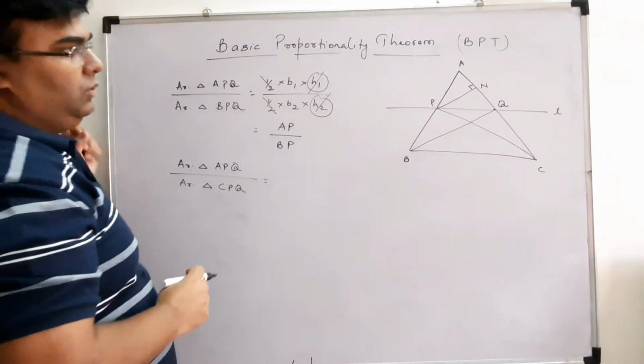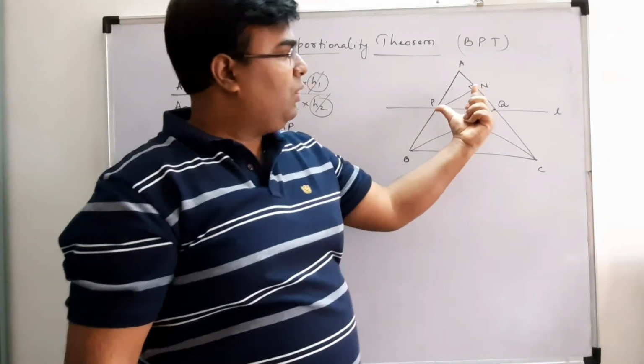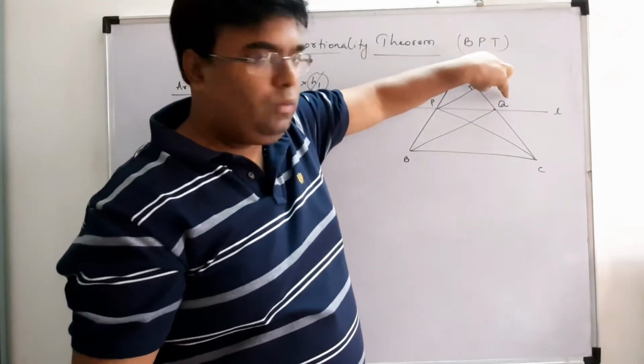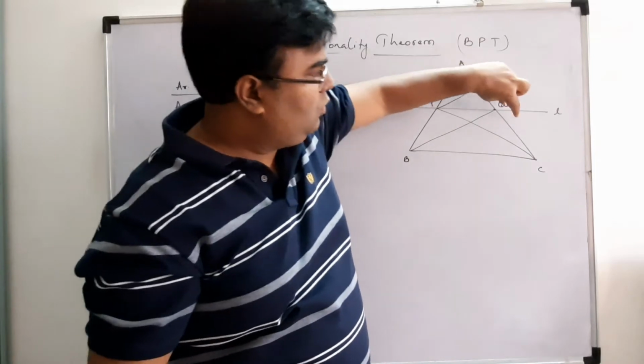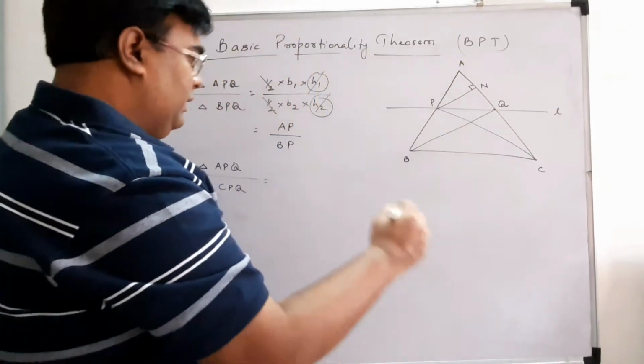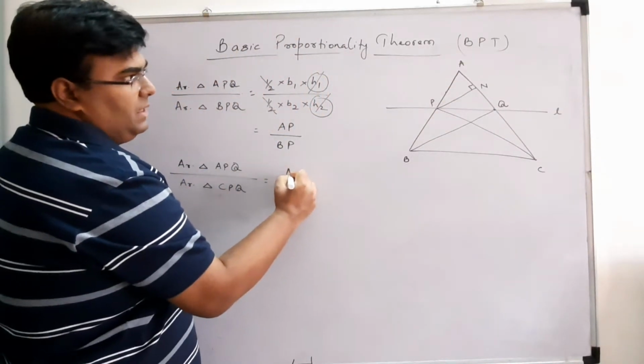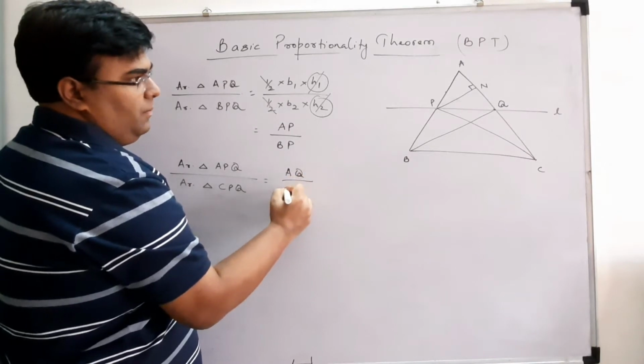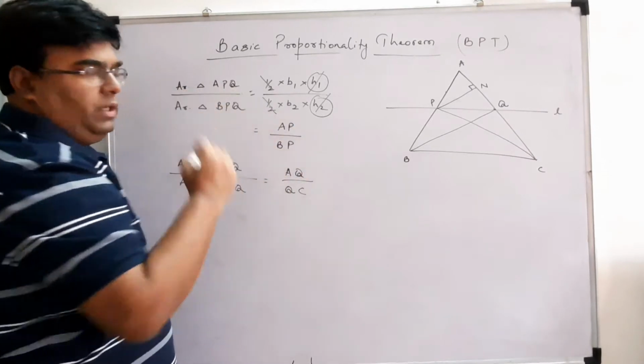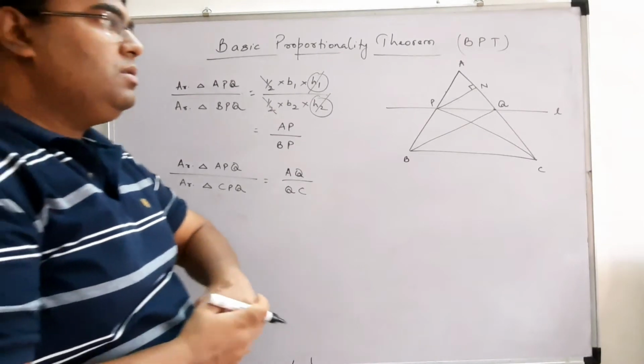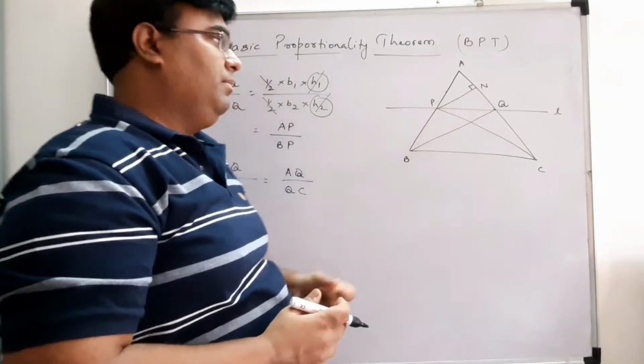So here also this PN is what? Perpendicular to AQ, and PN is perpendicular to QC. So I am directly writing the ratio of only bases, so AQ upon QC. I'm only taking bases because my height is the same. Clear?